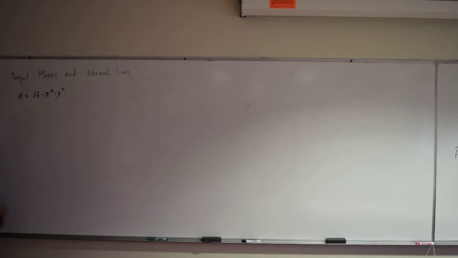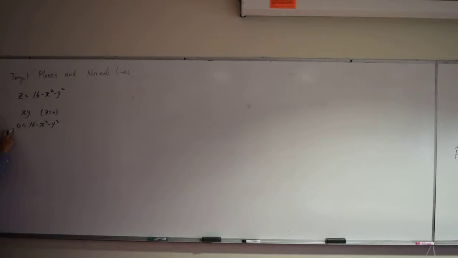Well, in 3 dimensions, one equation will give you some type of surface. And our goal first is to imagine what kind of surface this is. Let's try that. The xy trace of this is setting z equal to 0, and that would mean 0 equals 16 minus x squared minus y squared.